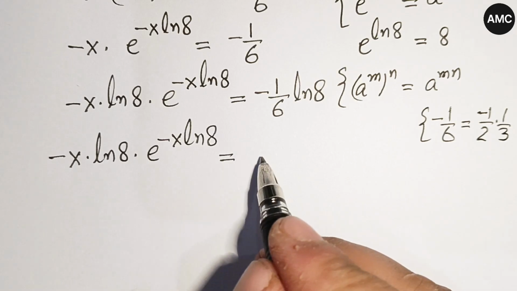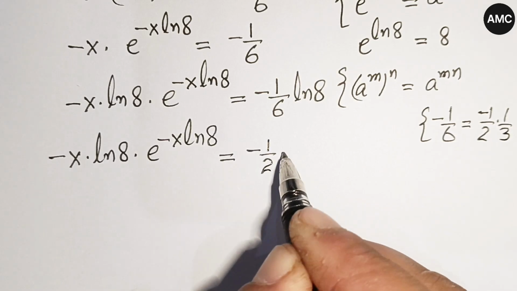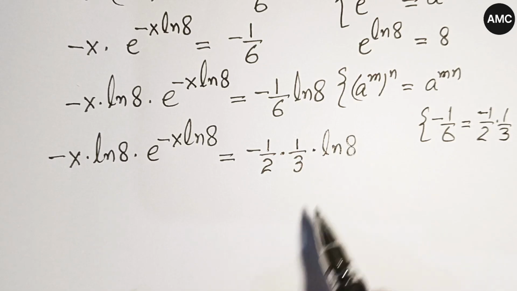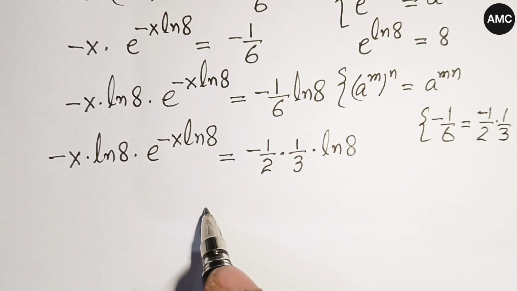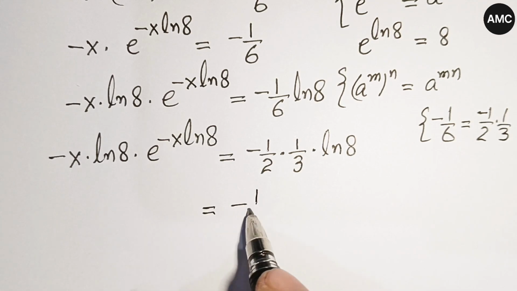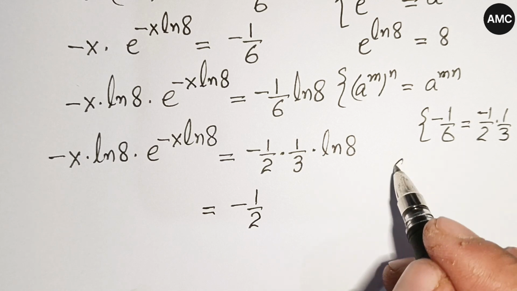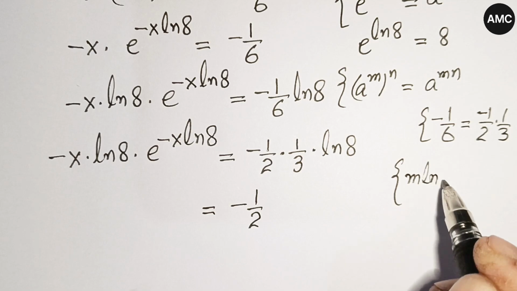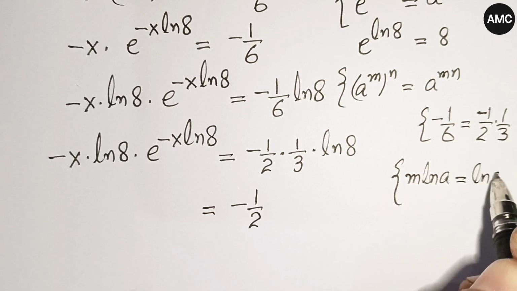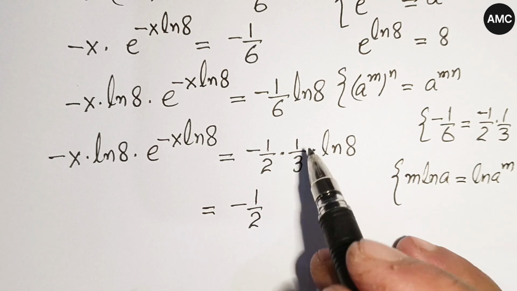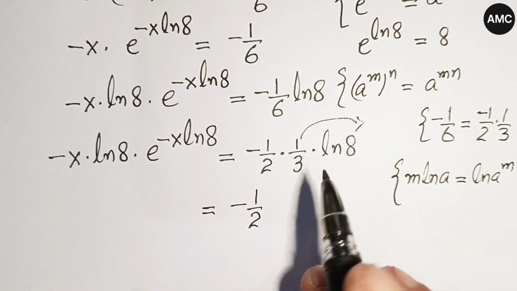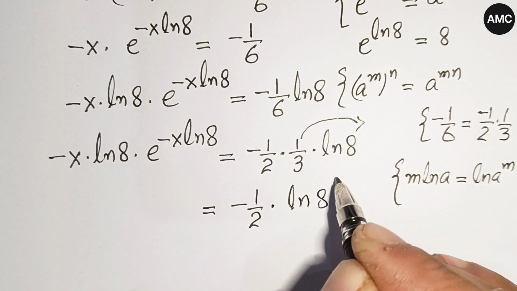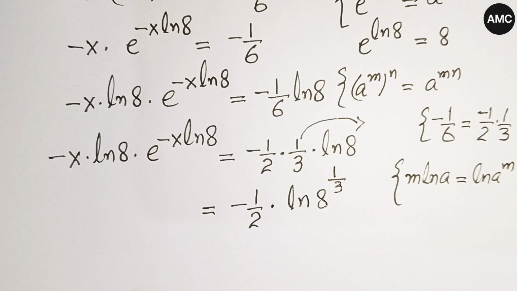So we have minus 1 over 2 times 1 over 3 times natural log of 8. And as we know by the logarithm law, m times natural log of a is equal to natural log of a to the power m. So we shift this 1 over 3 there, and we get minus 1 over 2 times natural log of 8 to the power 1 over 3.